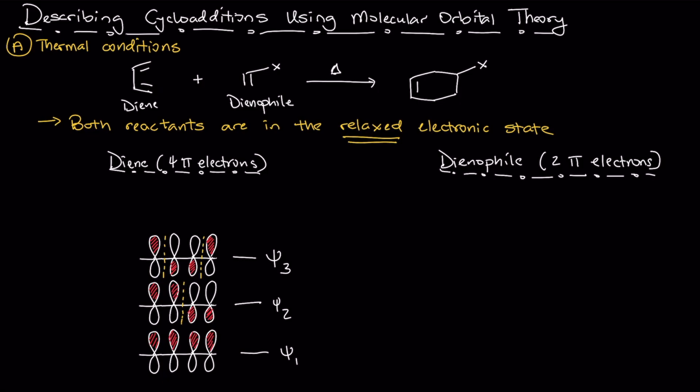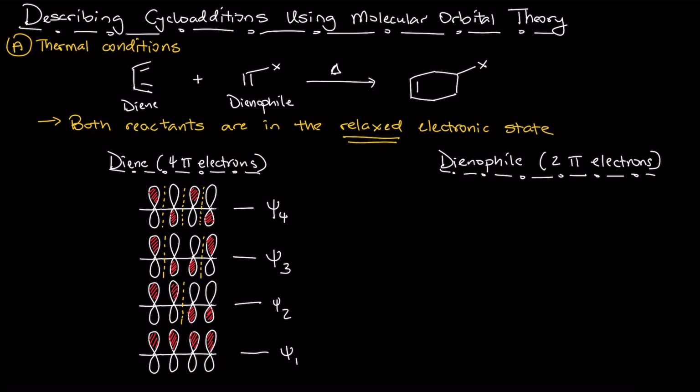And then our last and highest energy molecular orbital should look like this, where now you have a node in between each of the p orbitals. And so now you have three nodes. So you see how we increase the number of nodes as we go higher and higher in our energy levels. And so there are four of them. There are four pi molecular orbitals for our conjugated diene with four p atomic orbitals.